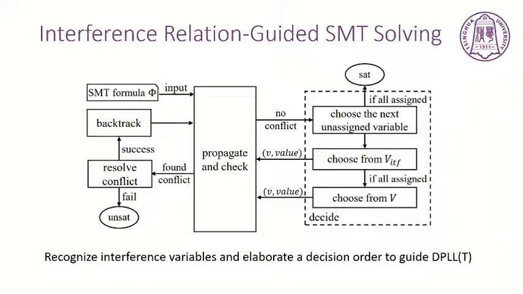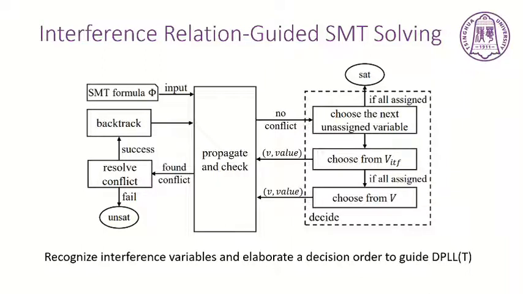When the SMT solver needs to choose the next unassigned variable, we force it to choose the interference variable first. The SMT solver will assign a value to the selected interference variable and continue to perform propagation and check if there is any conflict. If a conflict is found, it needs to resolve the conflict and backtrack to reverse some values of assigned variables.